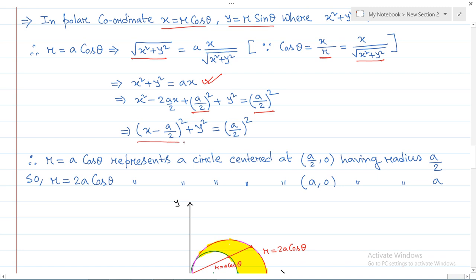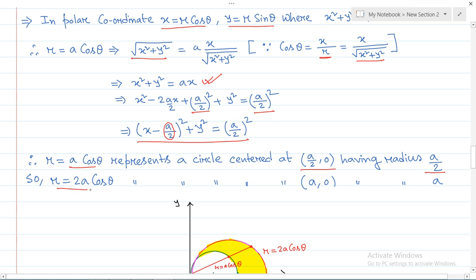Now it is looking familiar, similar to our Cartesian coordinate circle structure. So what is the center of this circle? The center of the circle is a by 2 comma 0, because y minus 0 is there. And what is the radius of the circle? That is a by 2. So r equal to a cos theta represents a circle centered at the point a by 2 comma 0 and having the radius a by 2.